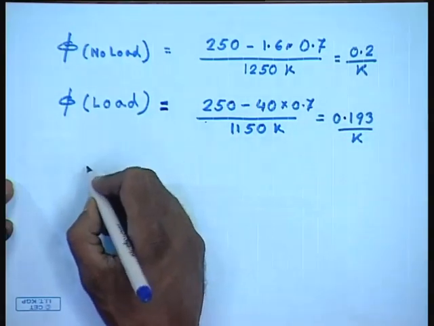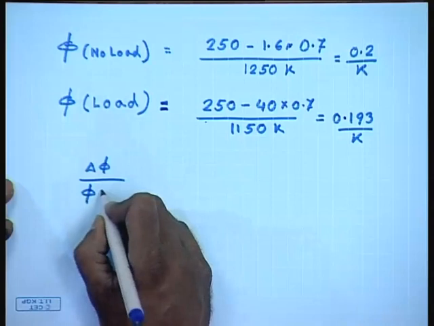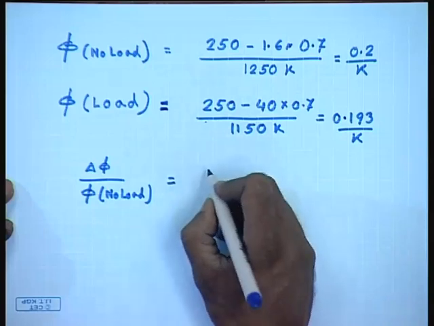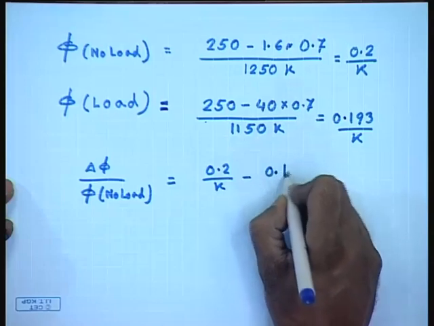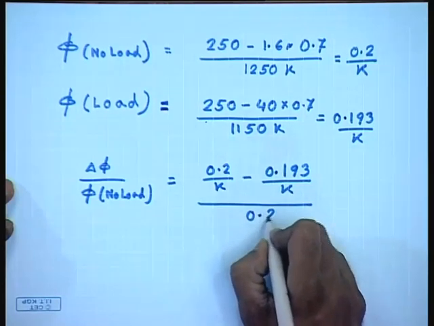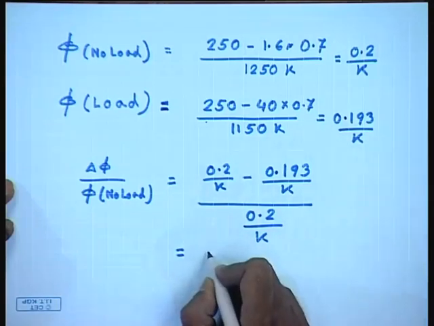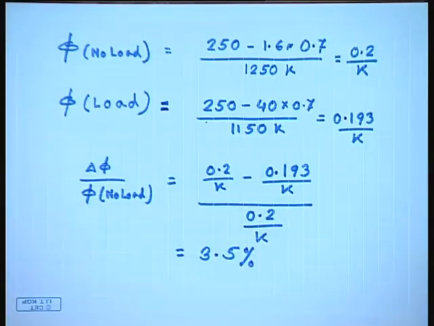So, delta phi by phi no load, this is equal to 0.2 by k minus 0.193 by k divided by 0.2 by k. This comes to 3.5%. So, from actual measured data we can find out the effect of armature reaction on the field flux.